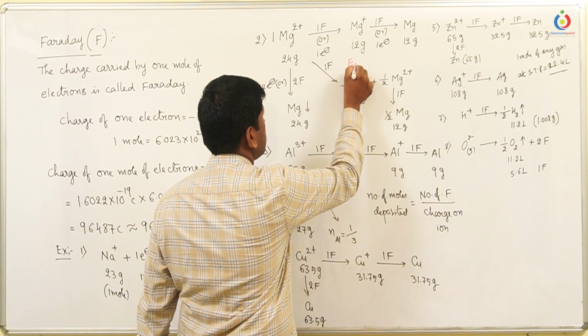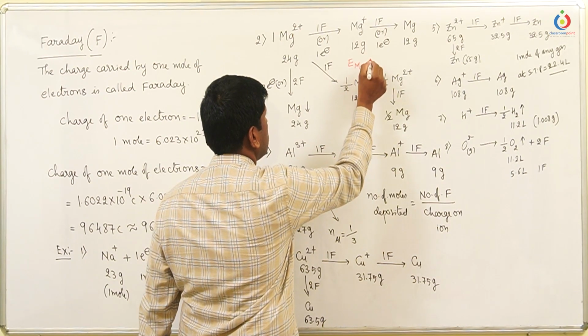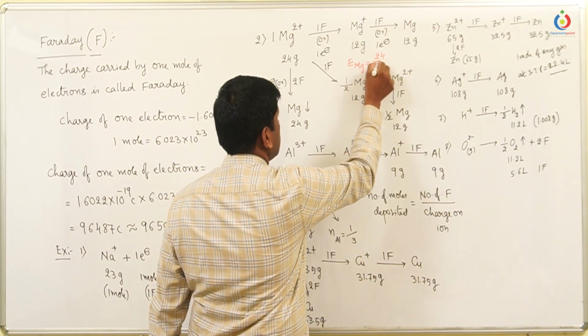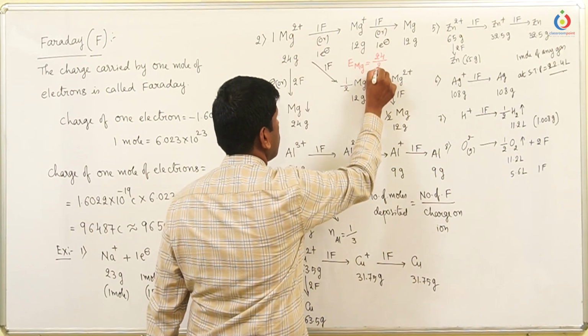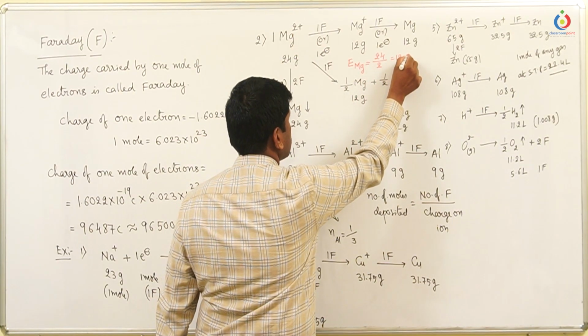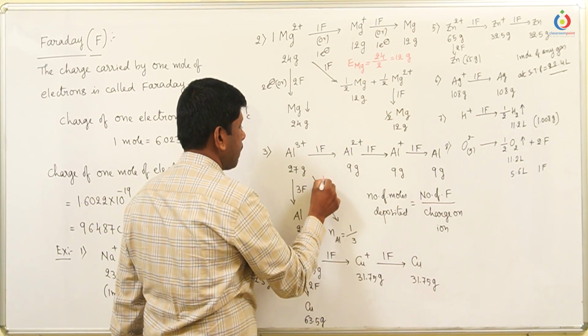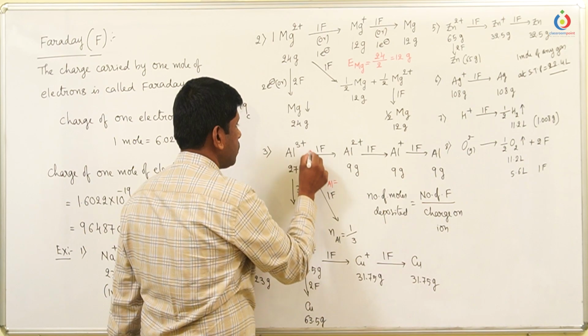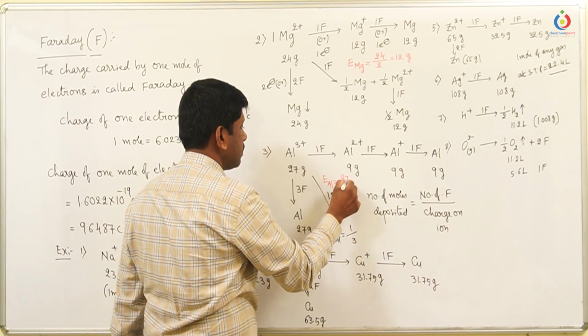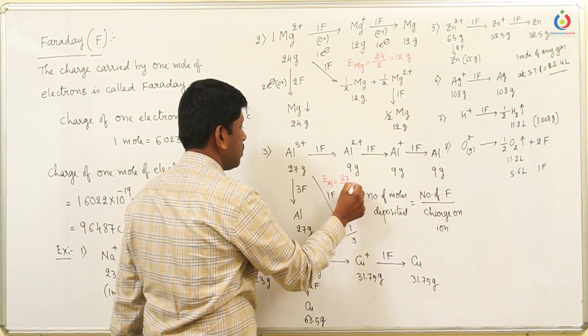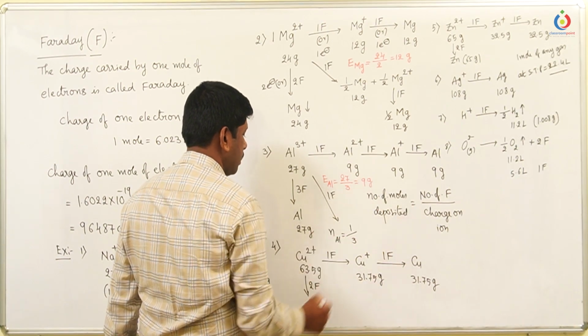Equivalent mass of magnesium equals atomic mass divided by valency of the ion, that is charge, which gives 12 grams. Equivalent mass of aluminum is atomic mass 27 grams divided by charge 3, that means 9 grams.